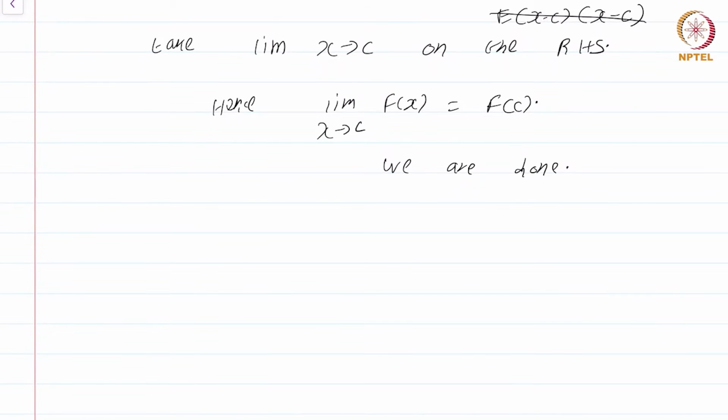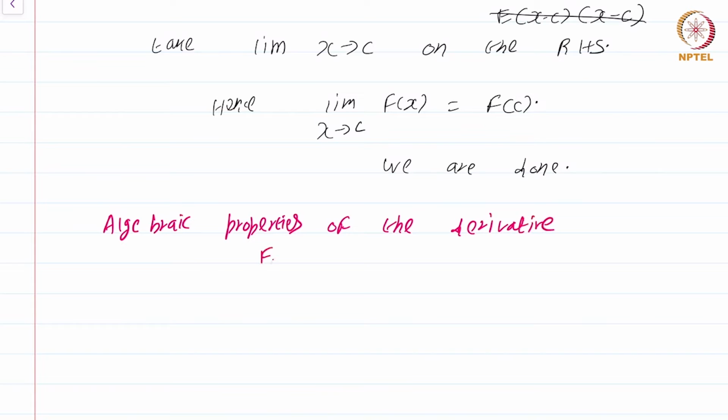Let's consider the various algebraic properties of the derivative. This time f comma g are functions from I to R. Suppose f prime of c comma g prime of c exists.